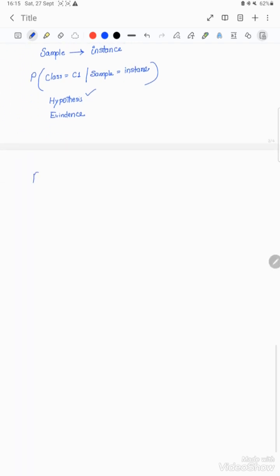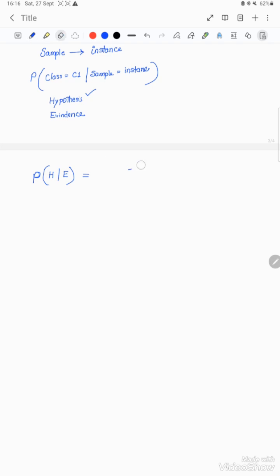So in the entire machine learning setup you will be asked this particular thing: what is the probability of your hypothesis given this particular evidence? Simply apply Bayes theorem and you will have this kind of formula.